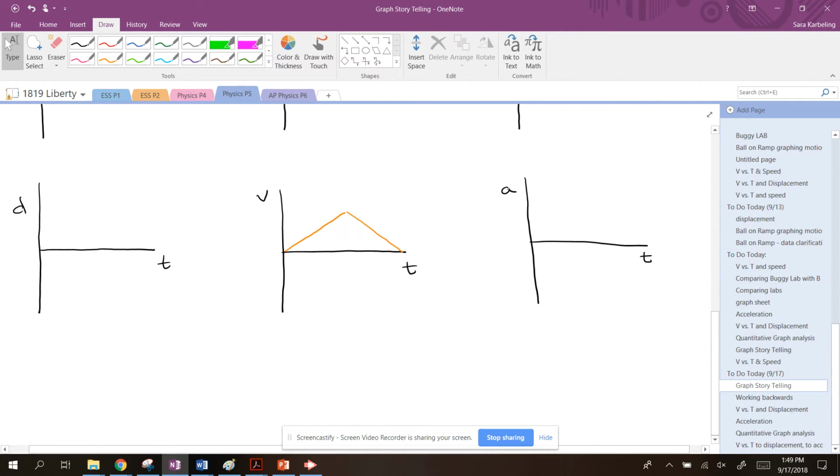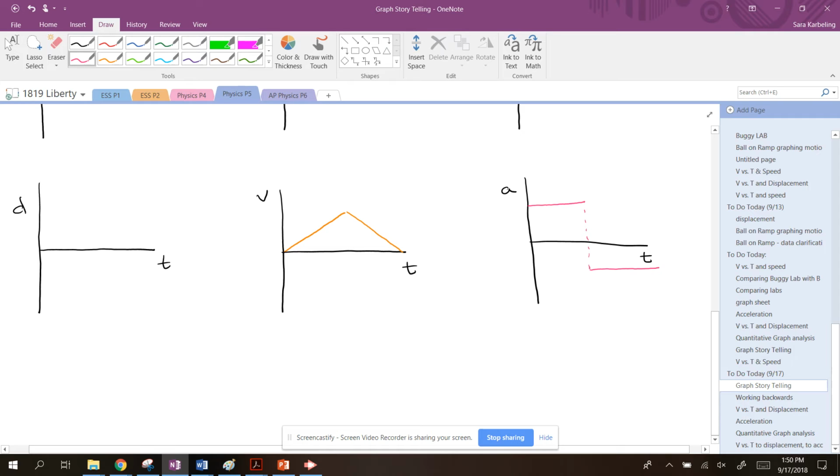Last one. This was the funny one. What's my A graph going to look like for this one? Right? Because the slope for V starts out constant and positive, and then it changes to constant and negative. So my values need to be constant positive, constant negative.